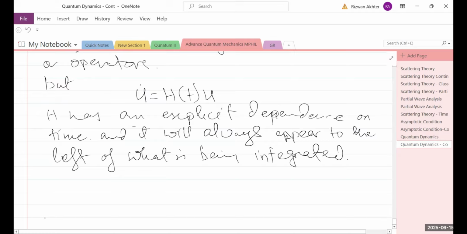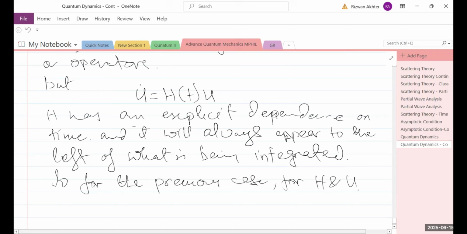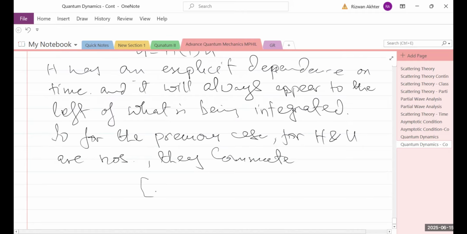So for the previous case, for h and u numbers, they commute. h of t comma h of t prime is equal to 0.